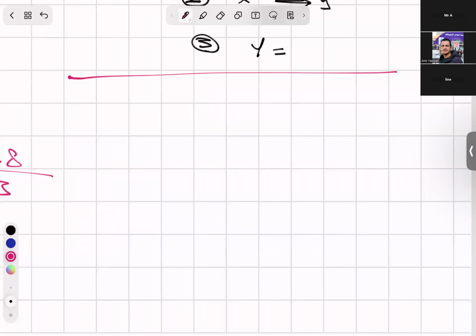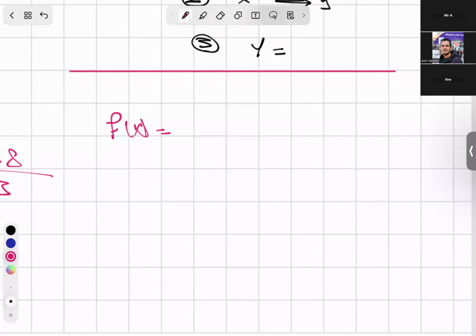Let me try to make it sound much harder. What if we have f of x, which equals the square root of 2x minus 3? I have been asked to find out what is the inverse function. Look, let me remind you. So tell me, what should I do?